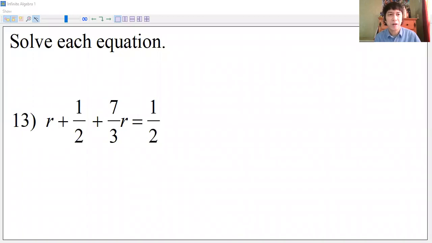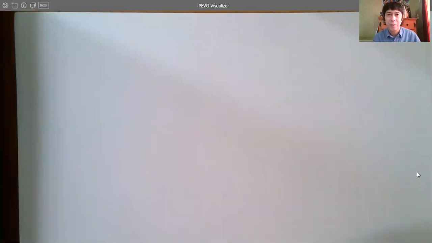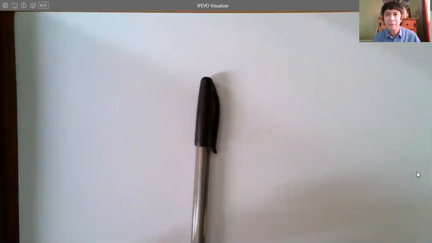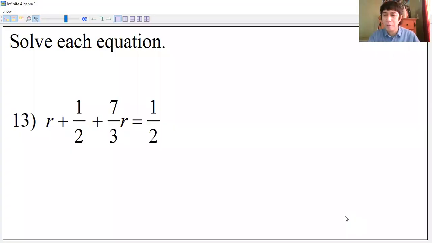Okay, here's number 13. R plus 1/2 plus 7/3R equals 1/2. And we're going to solve this on paper. So I'm going to use paper for this one. All right, so the problem is R plus 1/2 plus 7/3R equals 1/2.